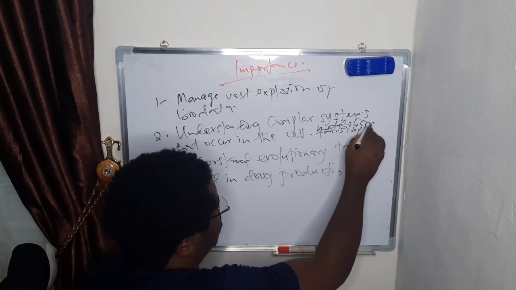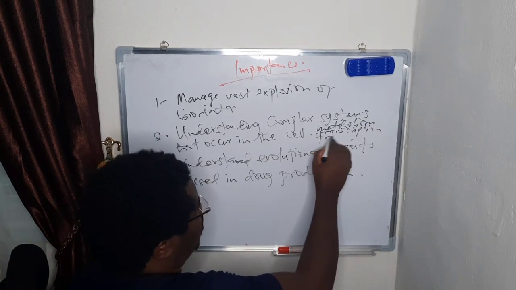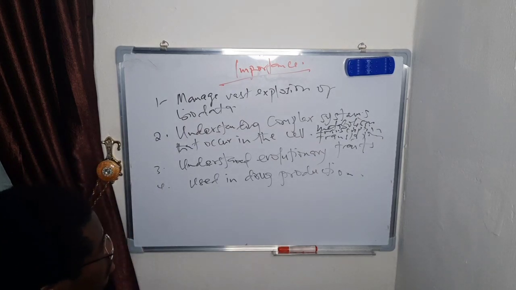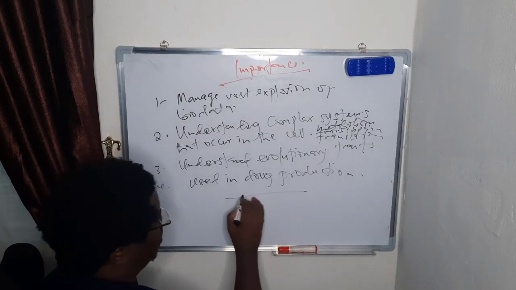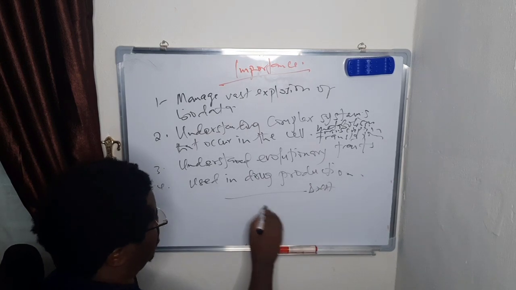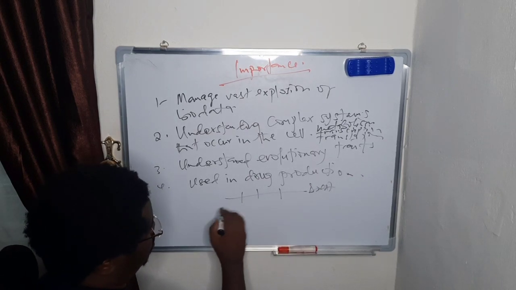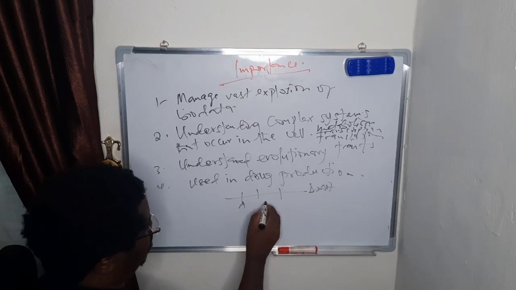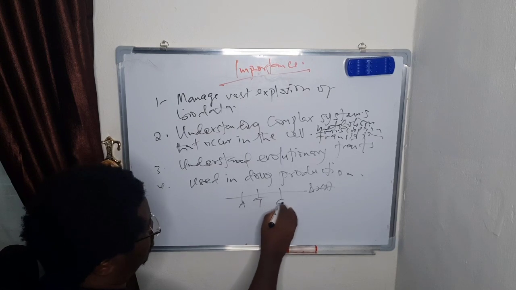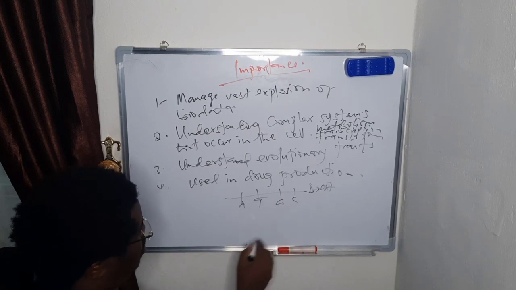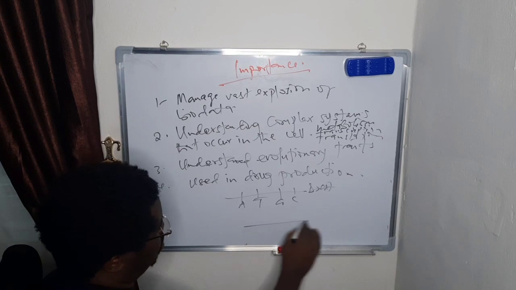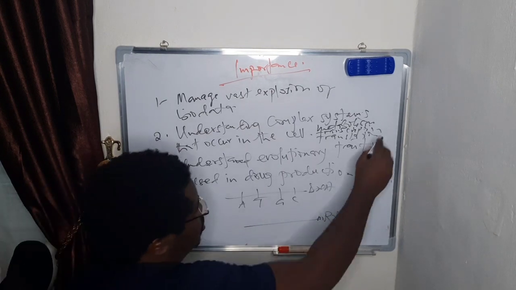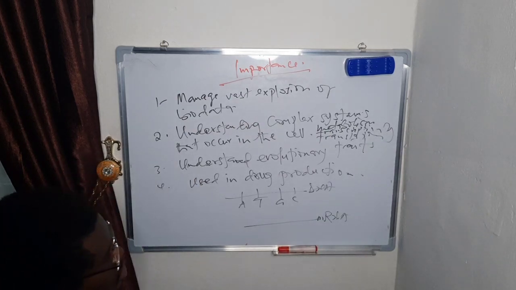You have your transcription, okay, and you also have translation. I'm sure you've done this in your genetics. Transcription, where you have a DNA strand, if you say A, T, G, C, then you have your messenger RNA. Transcription and translation are involved in protein synthesis.